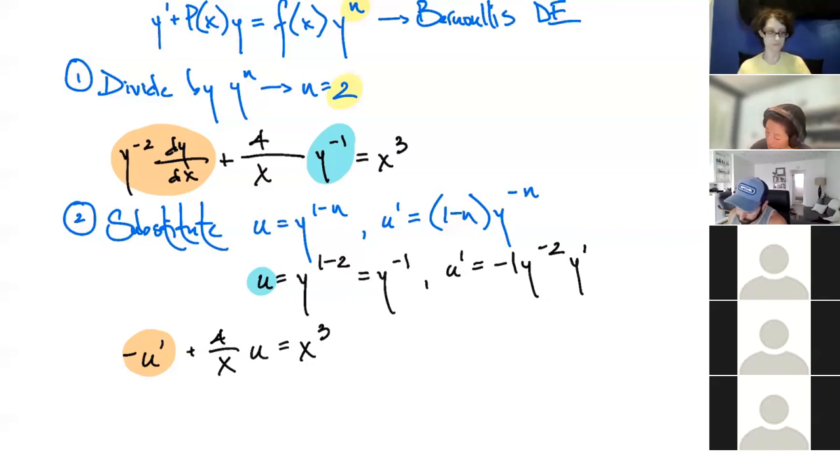Now, one of the things that we sort of work with a lot, we have our du dx or u prime, whatever we want to call it, but life is generally easier when that is a positive value rather than a negative value. So I'm going to go ahead and take that -1. I'm going to divide my entire equation by -1.